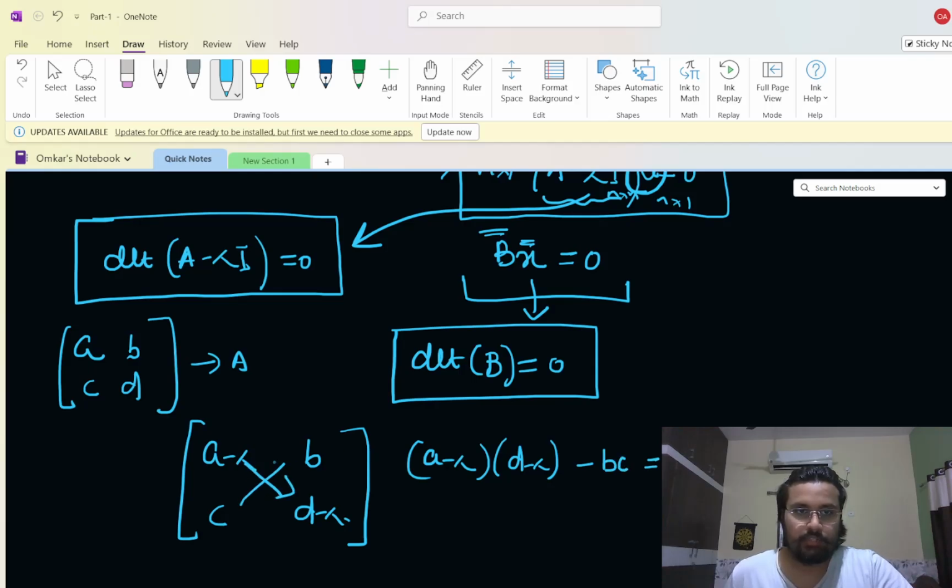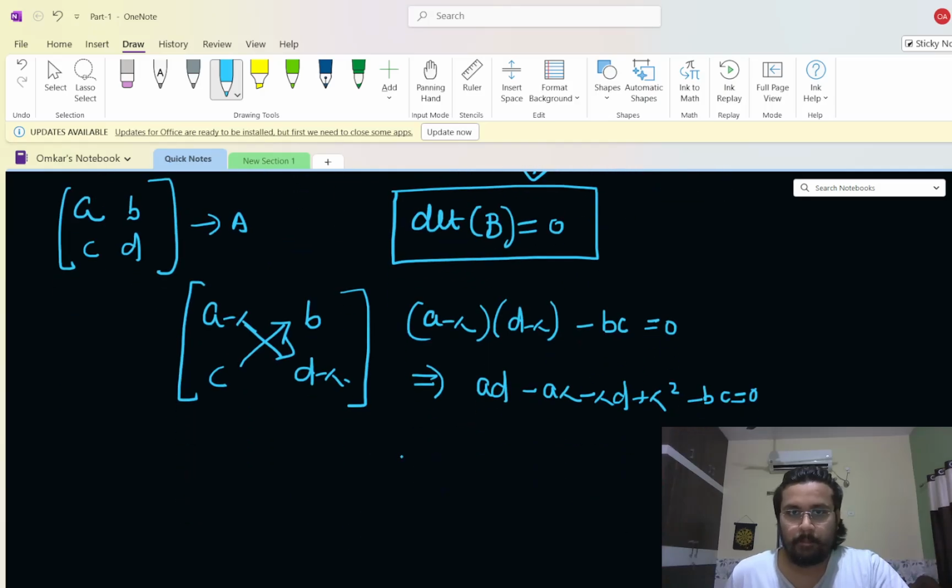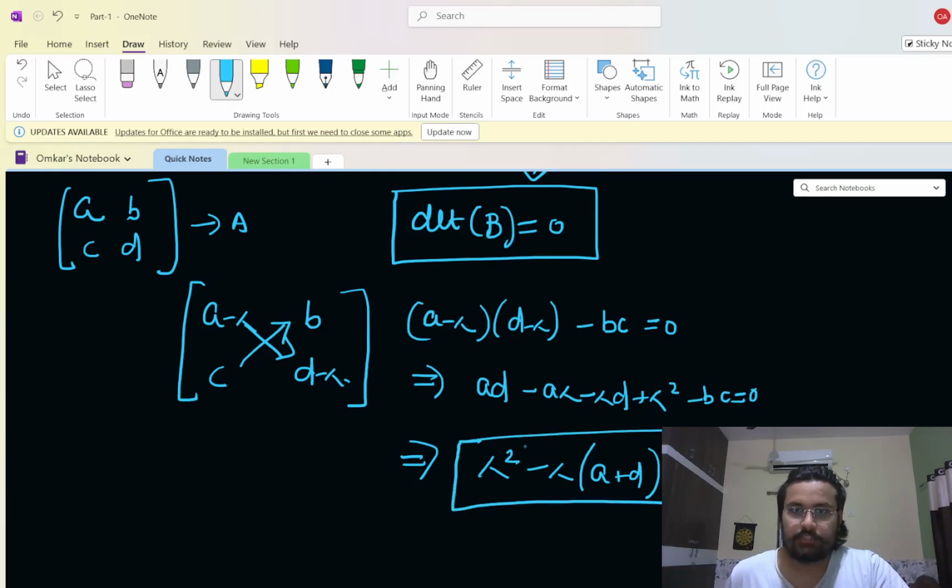Remember, this is how we can compute the determinant: multiply this, subtract this. So expand this. This is AD minus A lambda minus lambda D plus lambda squared minus BC equals 0. In other words, lambda squared minus lambda times (A plus D) plus AD minus BC equals 0. This is the characteristic equation that comes out.